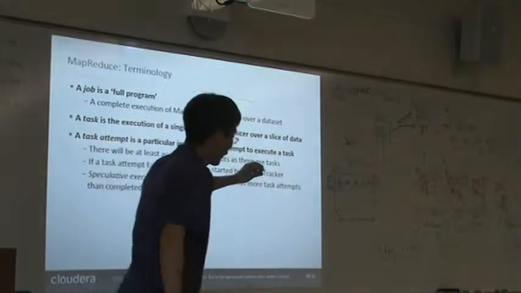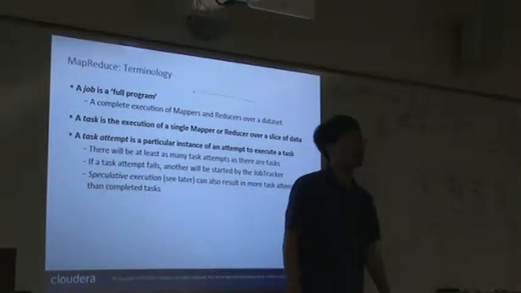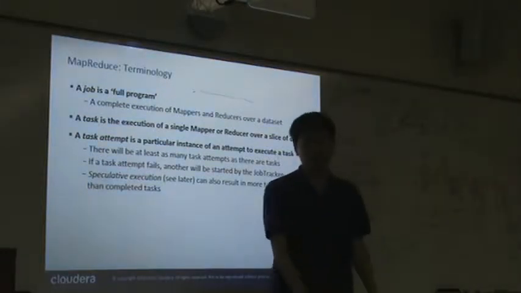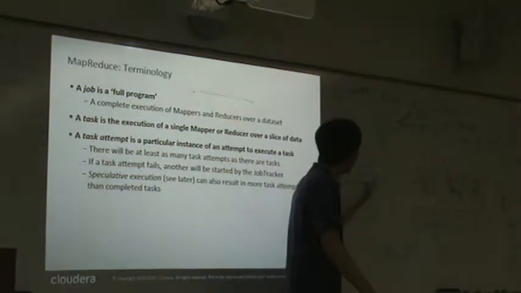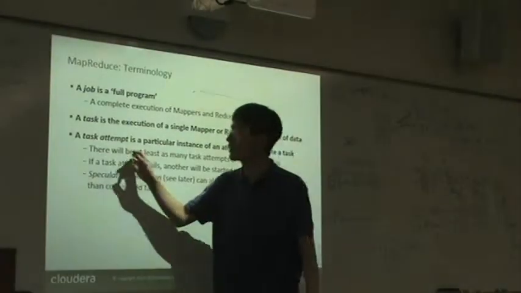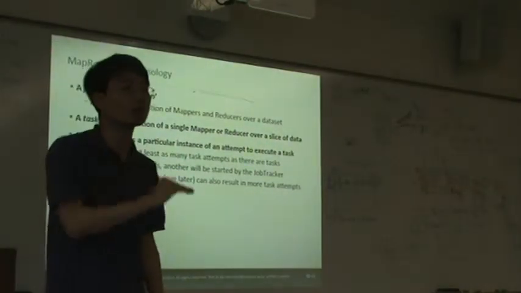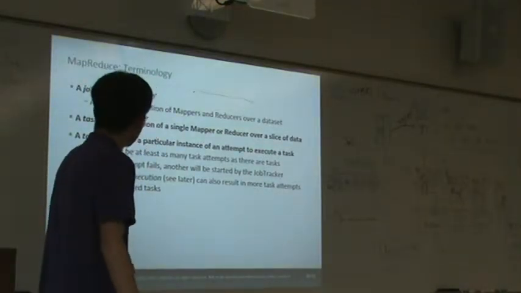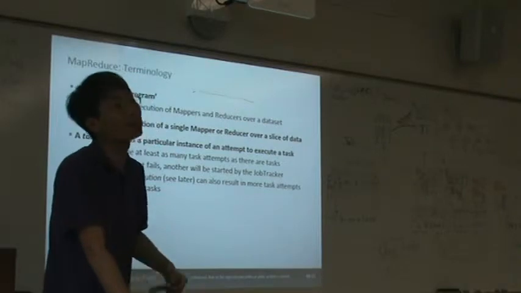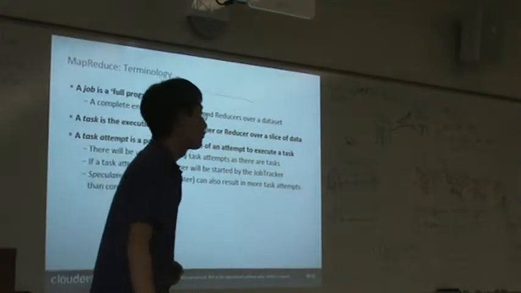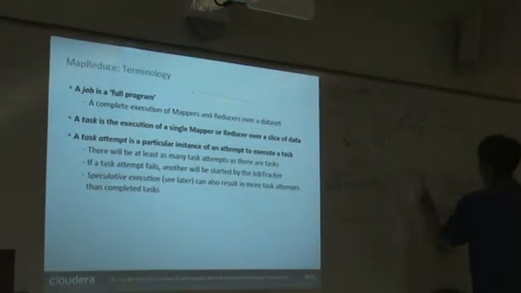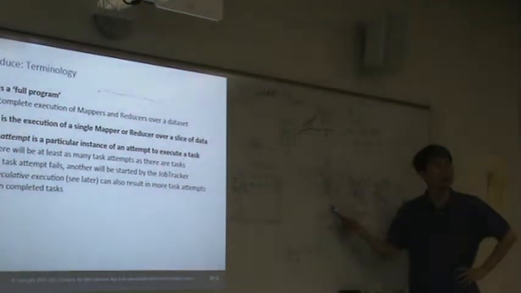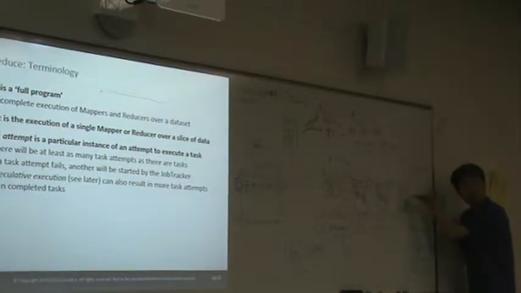If a job fails, your entire project fails and you need to run it again, which does not happen in a company. So in case a task fails or is slow, you can try another task attempt. Because of the speculative execution of MapReduce, if MapReduce believes that this task is too slow on this node, it can try another one.